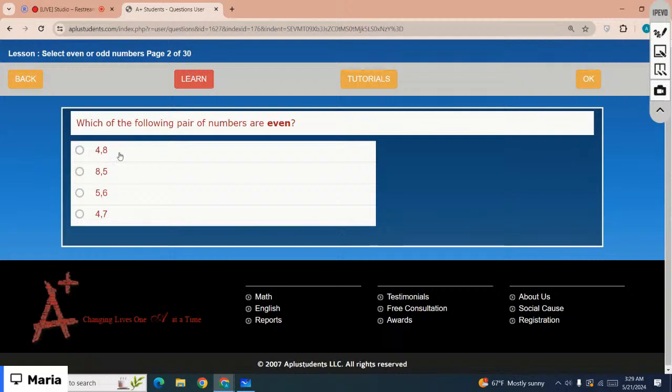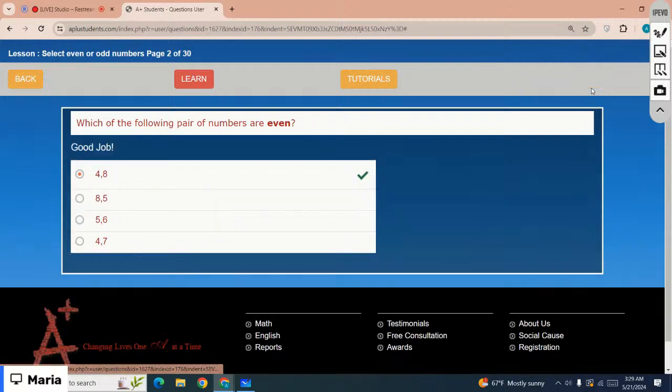Even. 4 and 8 is the correct option. Option number 1 is the correct option.